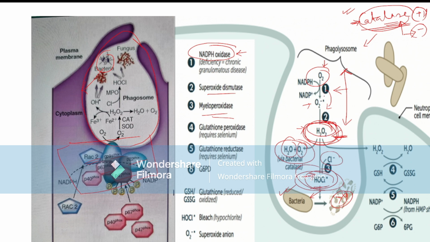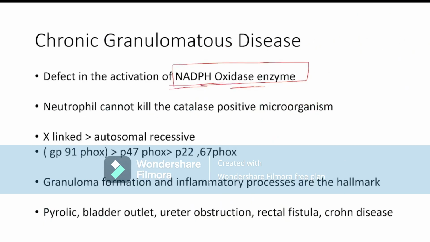So the child is suffering from catalase positive organisms only. That means, what are the catalase positive organisms? The organisms which are catalase positive are mainly E. coli, Aspergillus, Serratia, Staph, Salmonella, and gram-negative organisms.